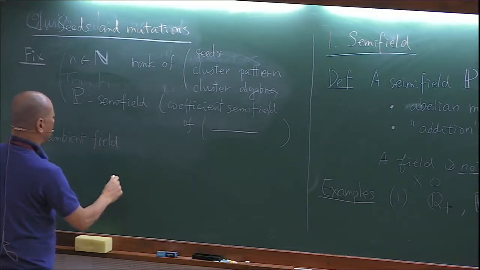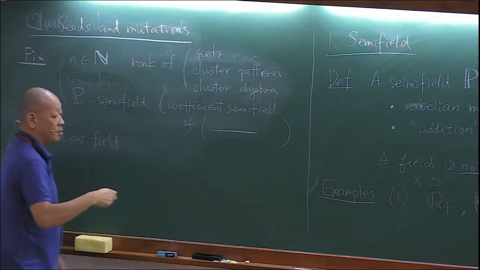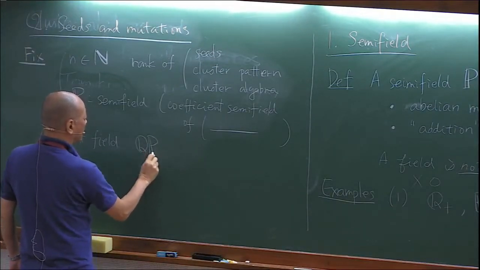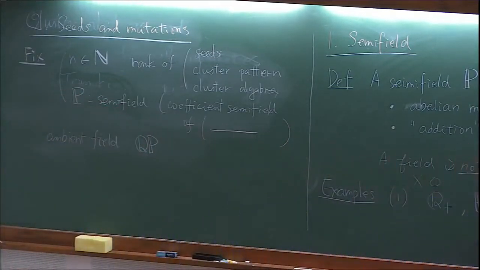Here we consider a field which is first of all QP. I remind you that once you have a semifield, you can have an associated fraction field of the group ring of P, which is called QP.